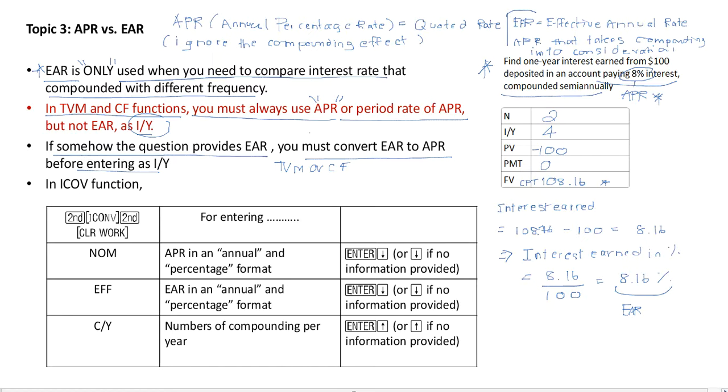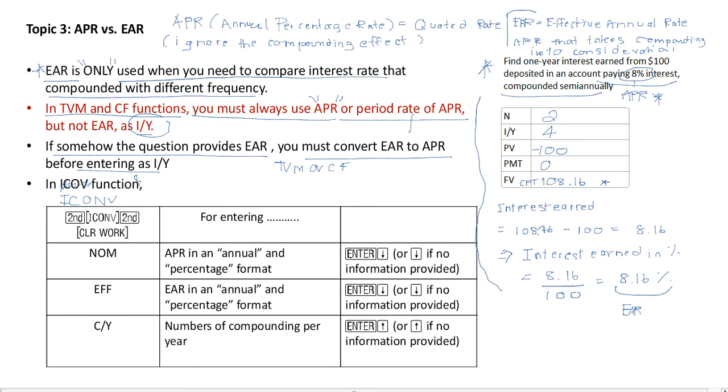Besides the way I just showed you, which is the traditional way but takes time, you can do it quickly using the ICONV function, on your calculator. Before using anything, you have to select second ICONV and second clear work.